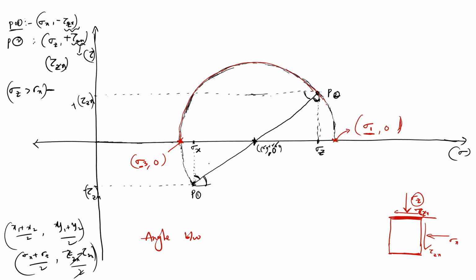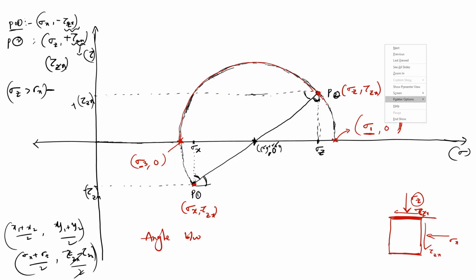See, this is sigma x, this is the point of sigma z and tau zx, and this is the point of sigma x and tau zx, so minus. Sigma z point is acting on the horizontal plane, so draw a horizontal line.